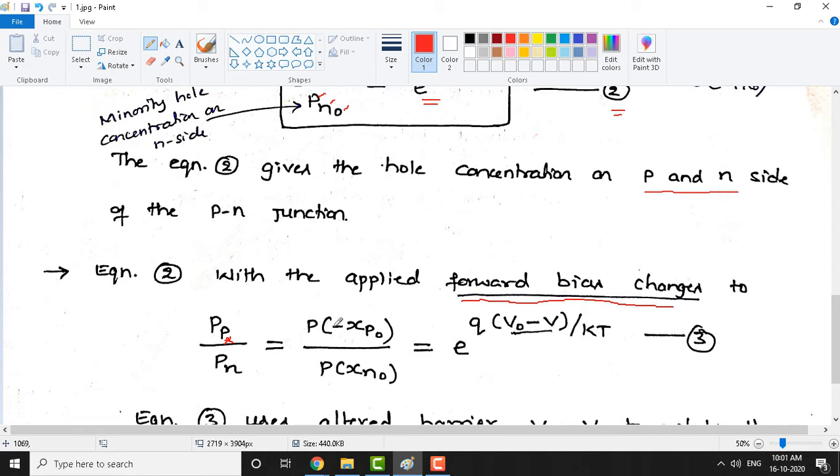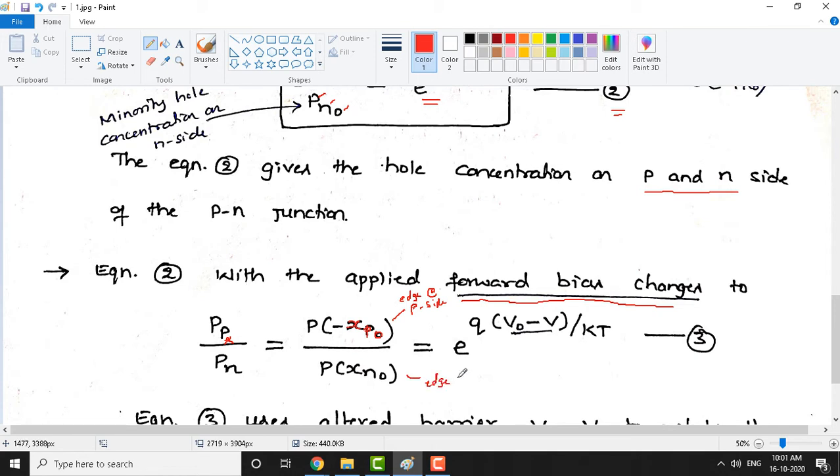On the P side we know that the edge of the depletion region is xp naught. So this xp naught is the edge of it. So holes at the edge of the depletion region on the P side to the holes at the edge of the depletion region on the N side. This is the edge at the P side, and this is the edge at the N side.